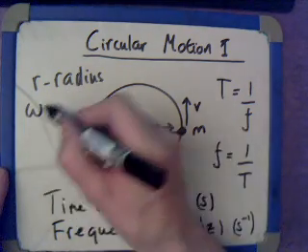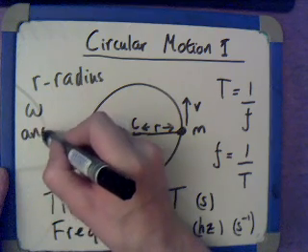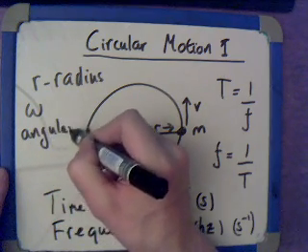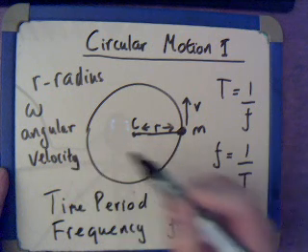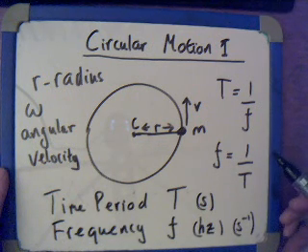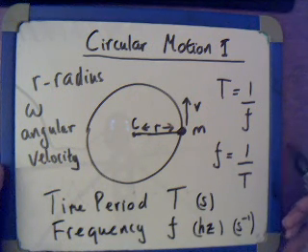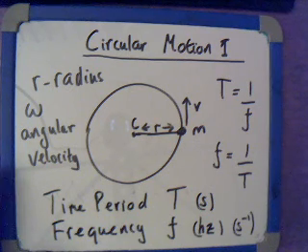Omega is known as the angular velocity, and the angular velocity is in radians per second. Okay, and we're going to rub the board, and we're going to talk a little bit more about the angular velocity now.